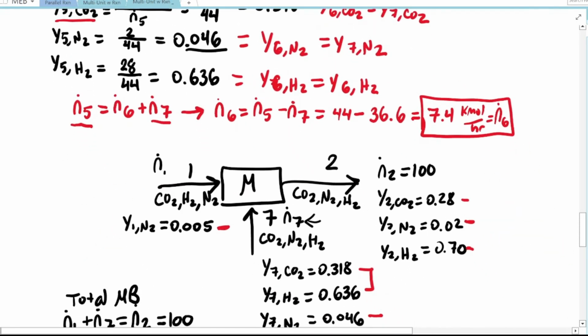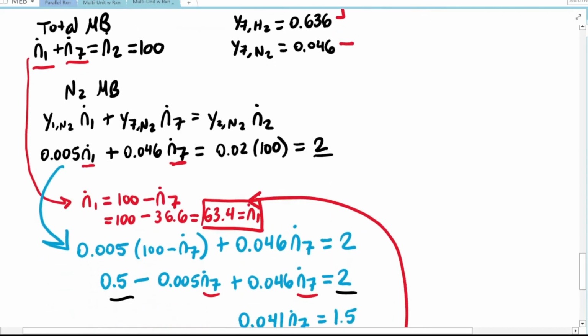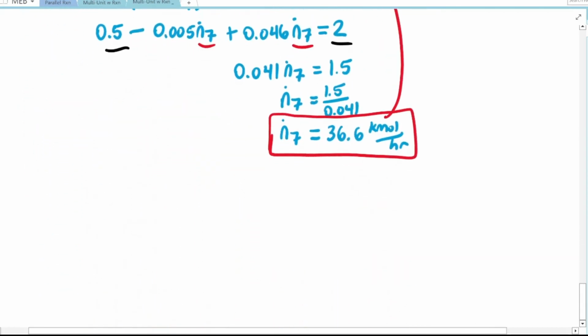If you were so inclined and very curious about it, you can solve for your other Y's, Y1 CO2 and Y1 H2. But for the sake of this problem, I think we've got just about everything covered. And from here, the final step that we need is to perform a scale up.